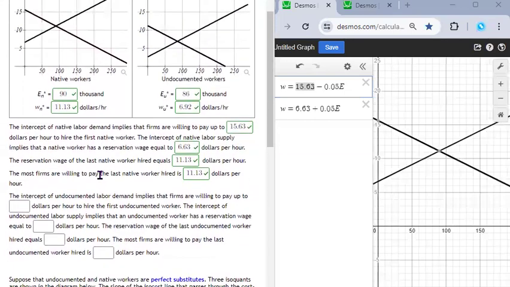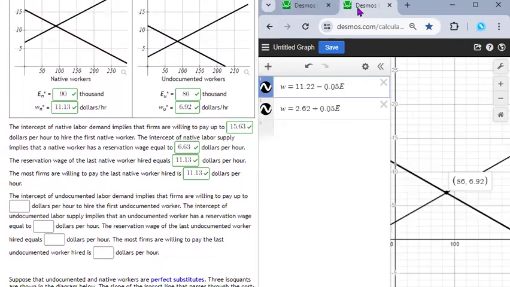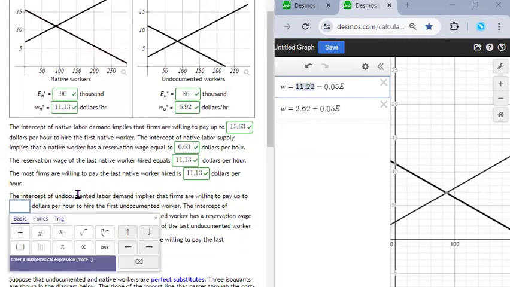And we do the same thing for the undocumented workers. The intercept of the undocumented worker labor demand curve, 11.22, is the wage that firms are willing to pay the first undocumented worker, right?